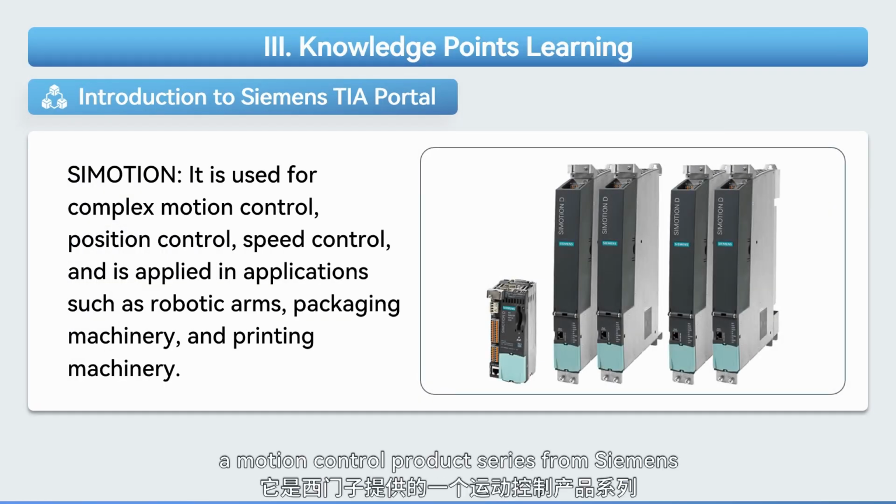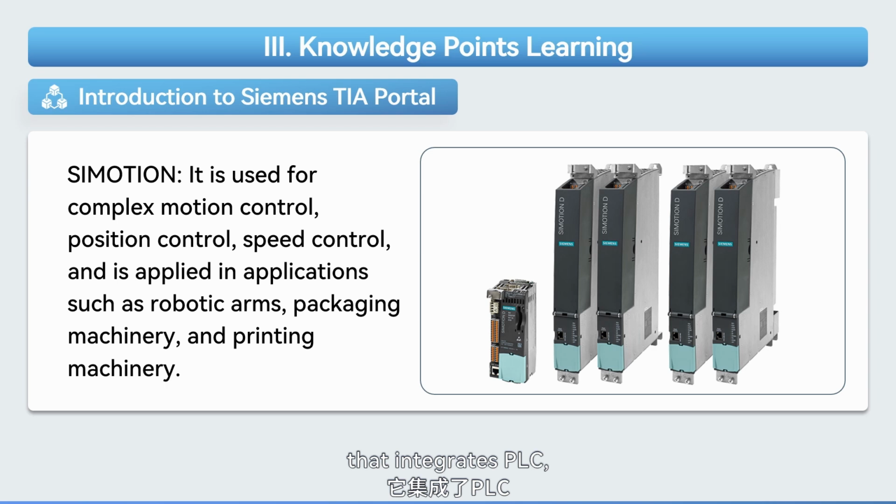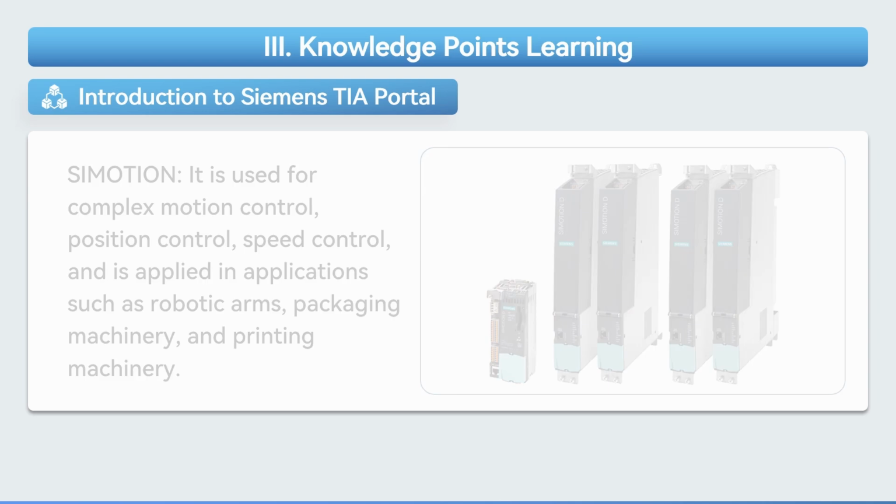Next is SIMOTION, a motion control product series from Siemens that integrates PLC, motion control, and HMI functions. It is used for complex motion control, position control, speed control, and is applied in applications such as robotic arms, packaging machinery, and printing machinery.